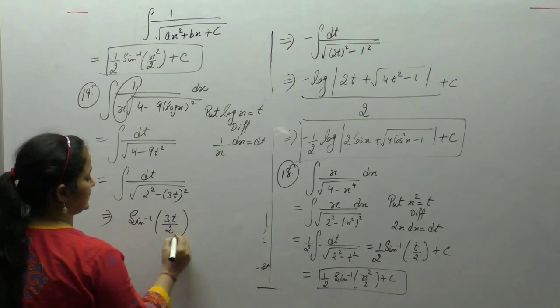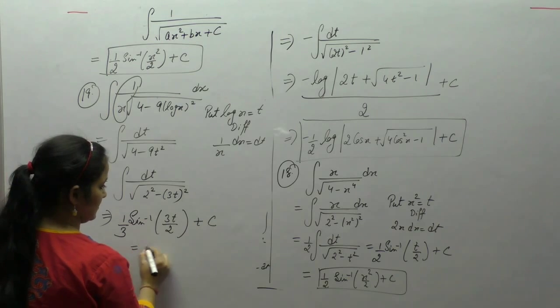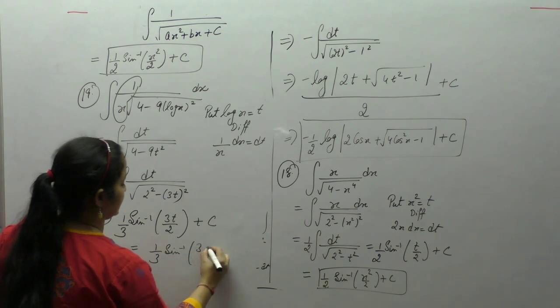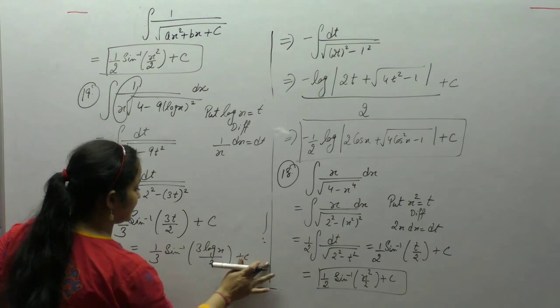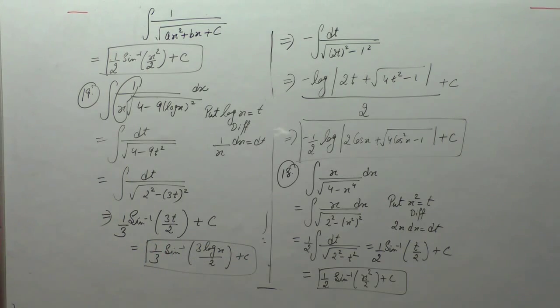Here x is 3t, so taking the derivative of 3t in the denominator, we get 1 by 3 sin inverse of 3 log x upon 2 plus c.